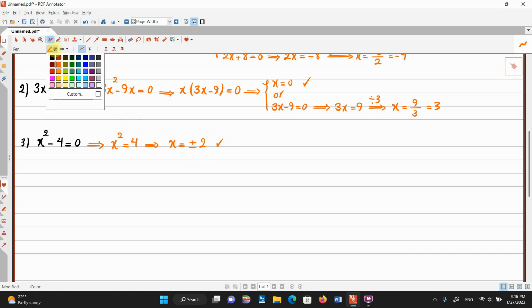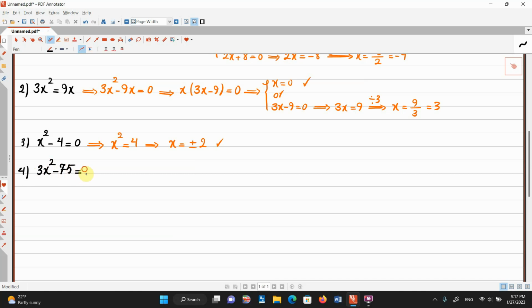Let me write one more example. Number 4, excuse me. Suppose we have 3x squared minus 75 equals 0. As you see, this is again an incomplete quadratic equation because there are just two terms on the left side, and the linear term is not available.